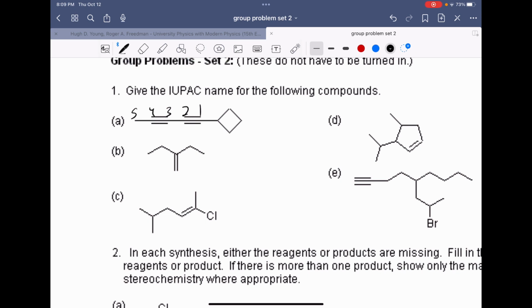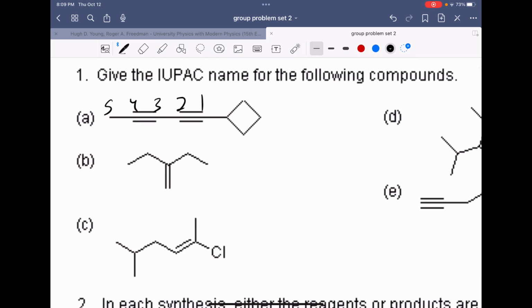You number it like this, so that your first carbon triple bond is actually on 1, and you have this cyclobutyl group hanging off. So the proper naming for this one is going to be, so we have the cyclobutyl, starts with a C, so that's going to come first, and nothing else.